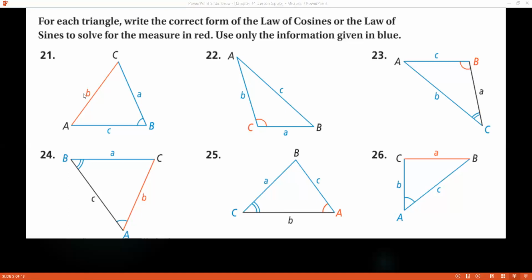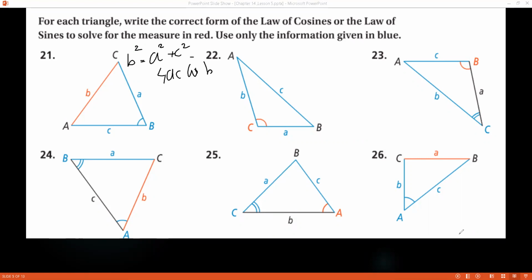How can we write it here? We have to say b squared will be a squared plus c squared minus 2ac cosine B. Number 22: you have three sides and you want to find any angle.